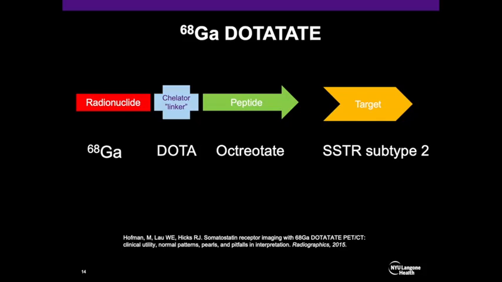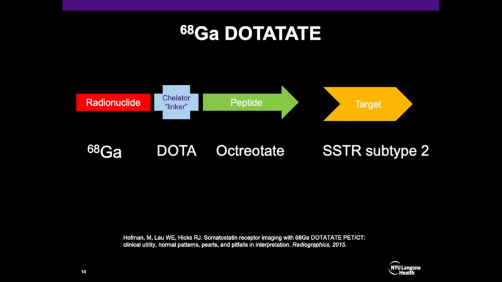In the case of gallium dotatate, the radionuclide is gallium-68, which provides robust PET signal for imaging. It is linked to octreotate, which is a peptide in this case, which binds to somatostatin receptor type 2 in the body. And any tissue that overexpresses the SSTR2 subtype will be targeted by the gallium dotatate.